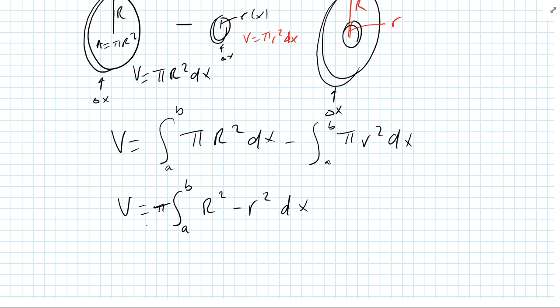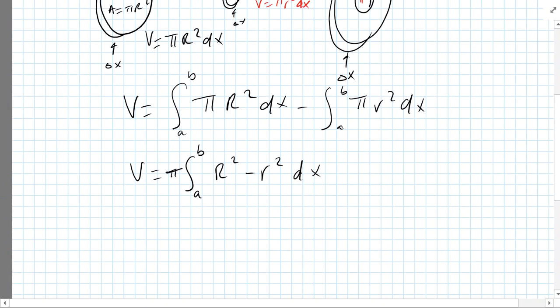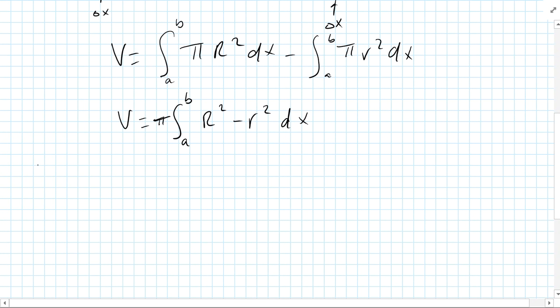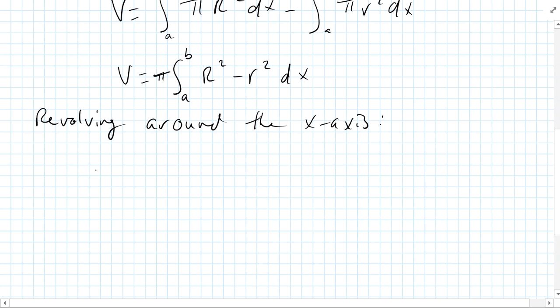Actually, before we start, let me just give you the general equation. My example here is for revolving around the x-axis. So let's write it all out. If we are revolving around the x-axis, then my equation is always in terms of x, right?